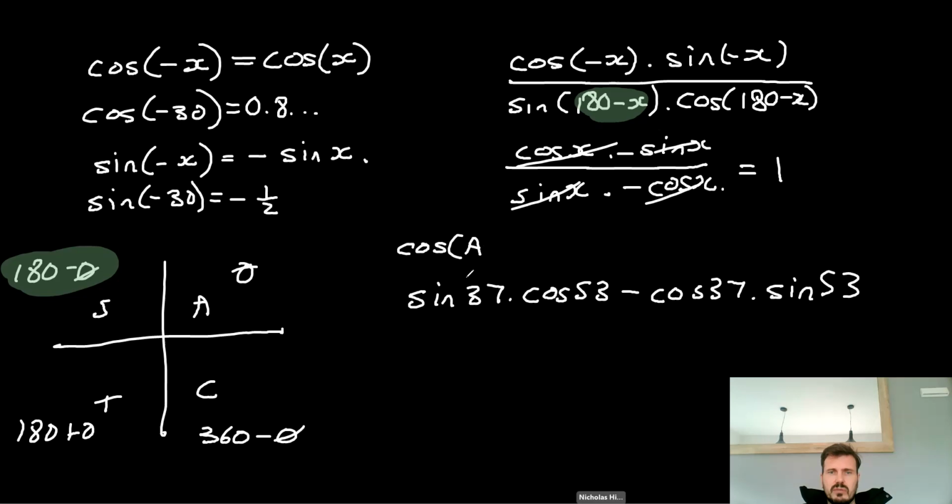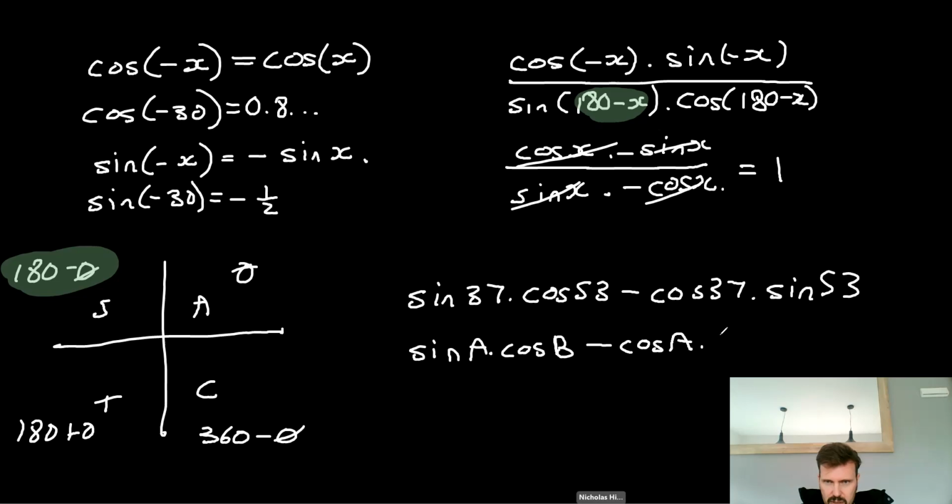Okay, so let's look at what this one would be. So this, you would be looking for sine A cos B minus cos A sine B. It may not be in this specific order, but you should see something like that.